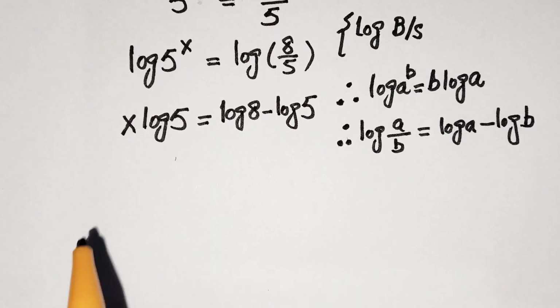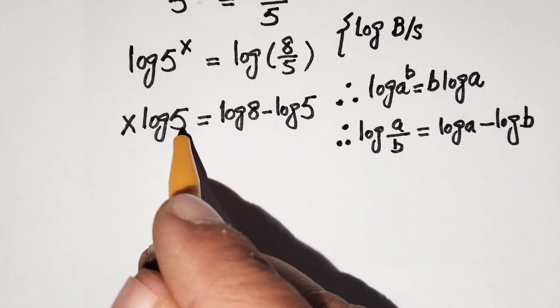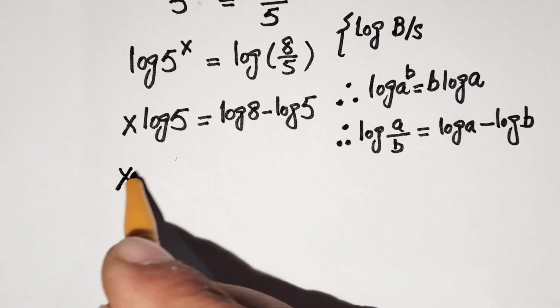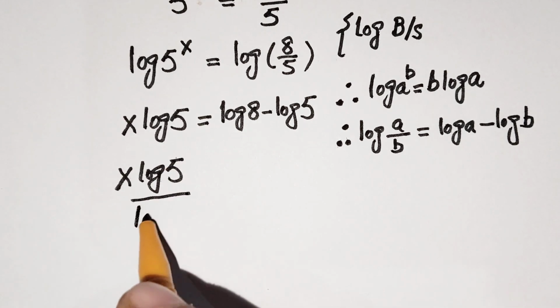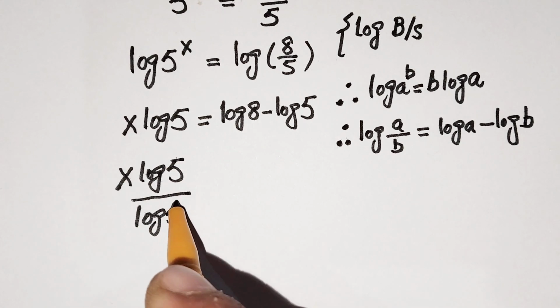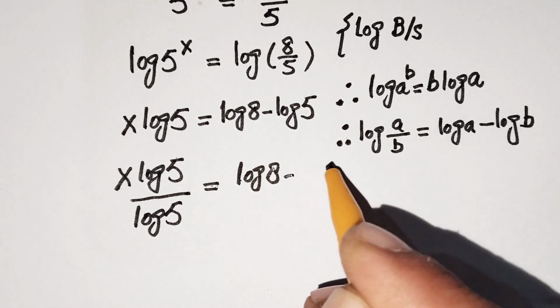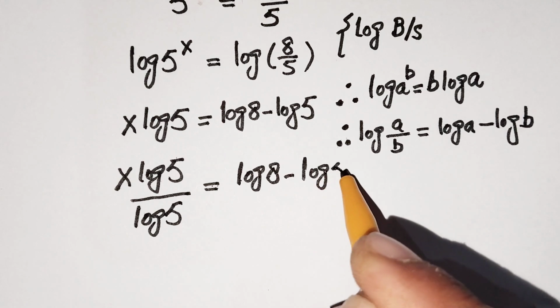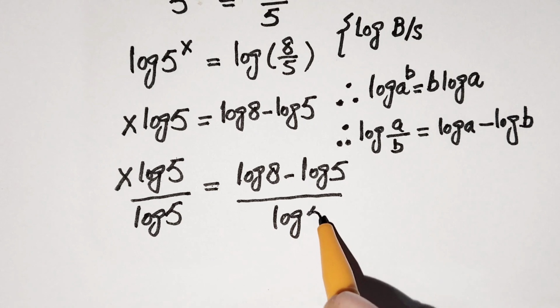Now we are just dividing both sides by log 5. So x log 5 divided by log 5 is equal to log 8 minus log 5, whole divided by log 5.